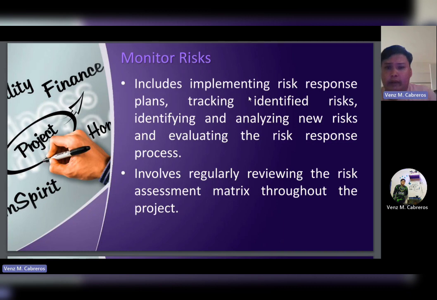It includes implementing risk response plans, tracking identified risks, identifying and analyzing new risks, and evaluating the risk response process. It involves regularly reviewing the risk assessment matrix throughout the project.